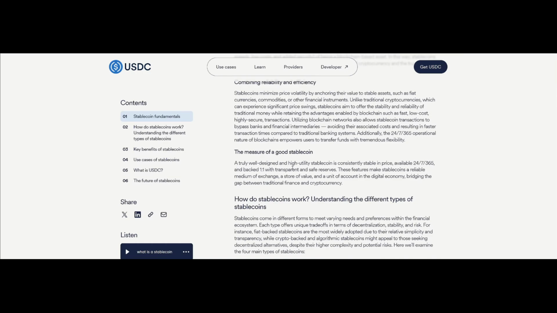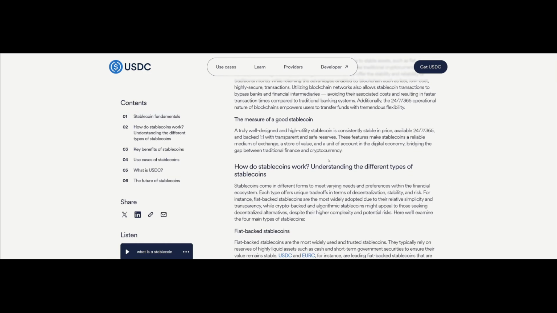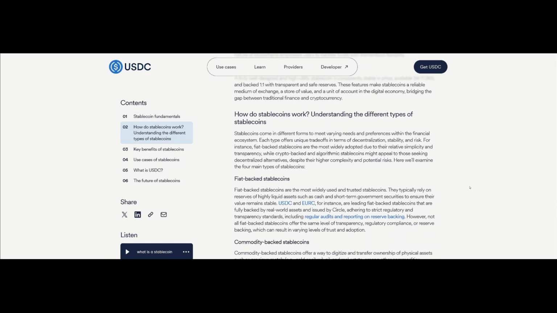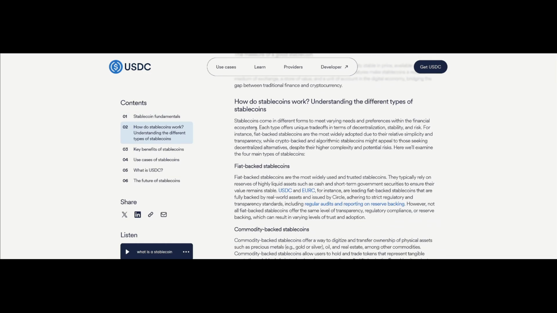A truly well-designed and high-utility stablecoin is consistently stable in price, available 24/7, 365, and backed one-to-one with transparent and safe reserves. These features make stablecoins a reliable medium of exchange, a store of value, and a unit of account in the digital economy, bridging the gap between traditional finance and cryptocurrency. Stablecoins come in different forms to meet varying needs and preferences within the financial ecosystem.